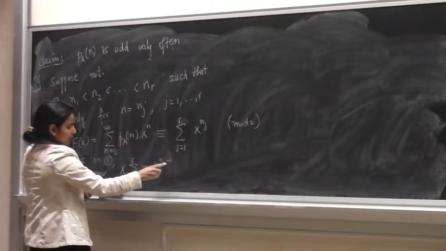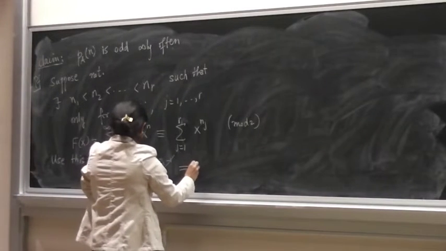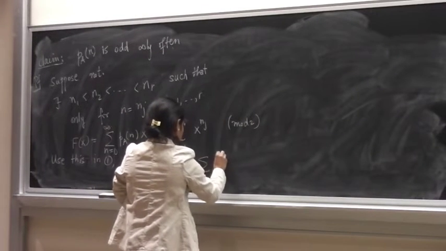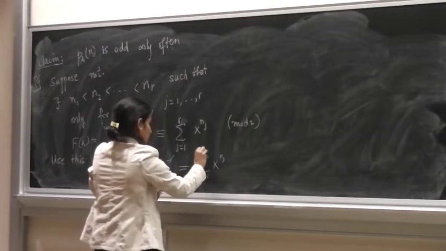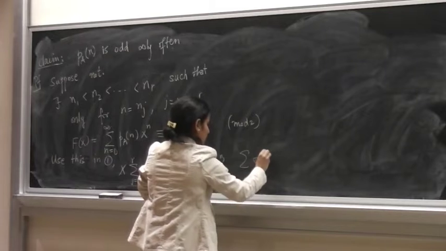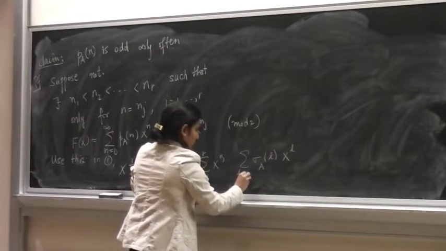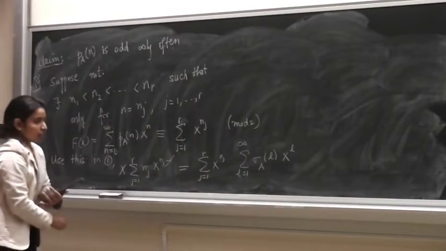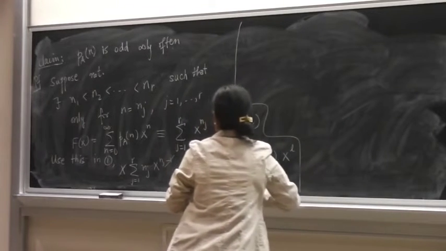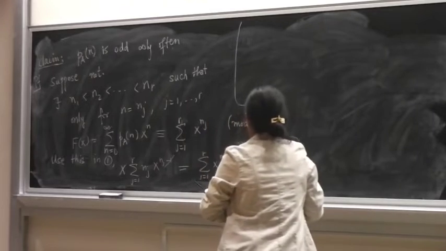And now this x gets cancelled with this x in the denominator, so I can just cancel this. On the right hand side, you will get just f of x, which is this, times h of x, which was sigma sub A n x to the power n, n goes from 1 to infinity. So this is just substituting the generating function in our equation. Isn't that just congruent? Yes, that's correct.